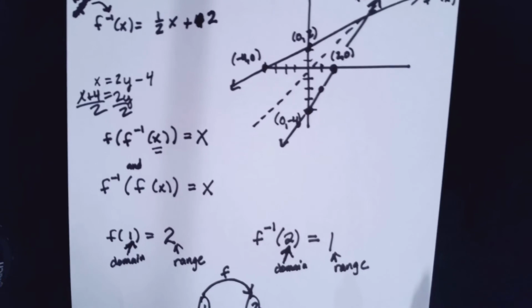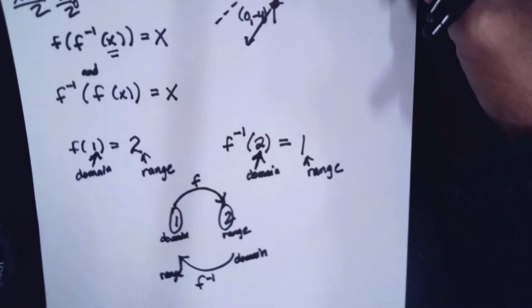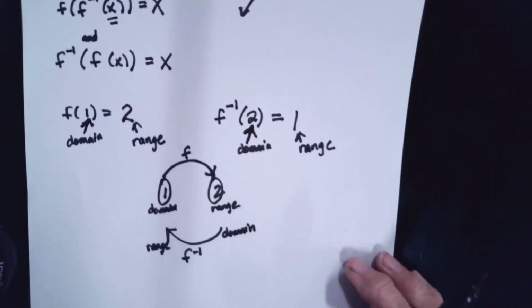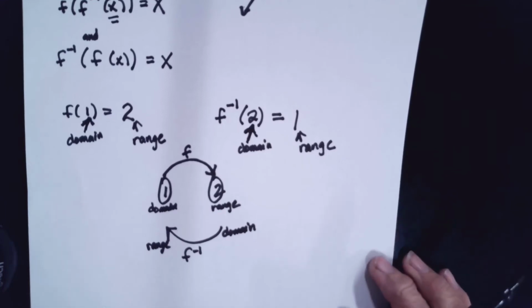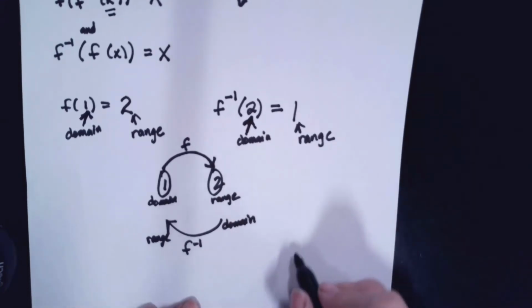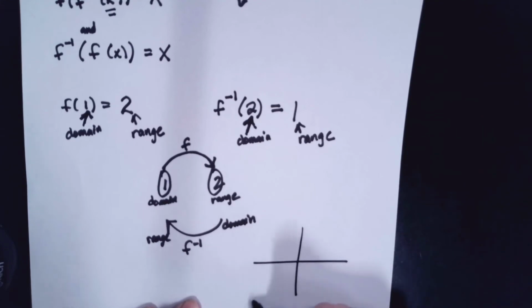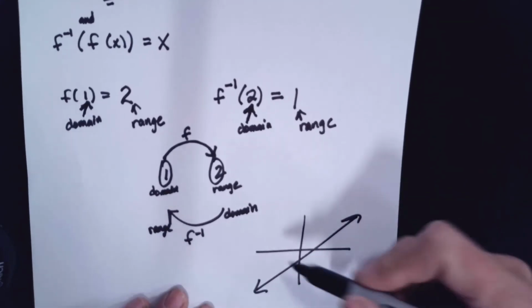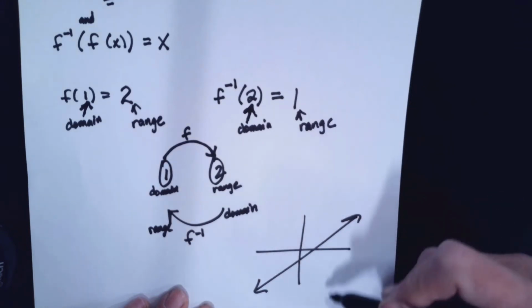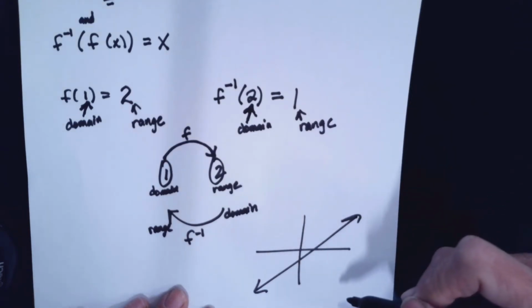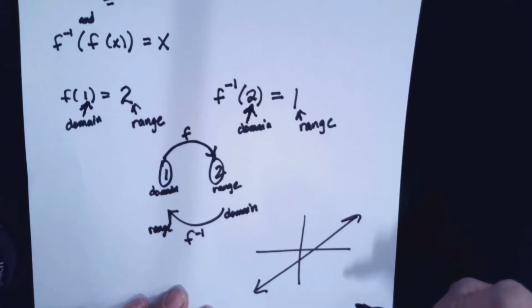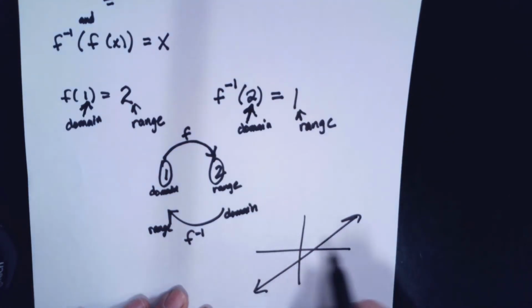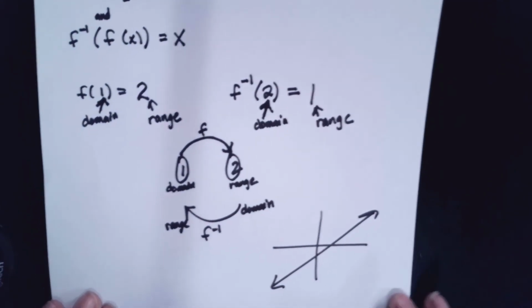Also remember that the only kind of function to have an inverse is a one-to-one function. So let's see, I'm going to look at this again here. If I just look at this line, first of all, I know it's a function because it passes my vertical line test. And then to check to see if it's a one-to-one function, we're going to do the horizontal line test. And this one passes, so this does have an inverse.